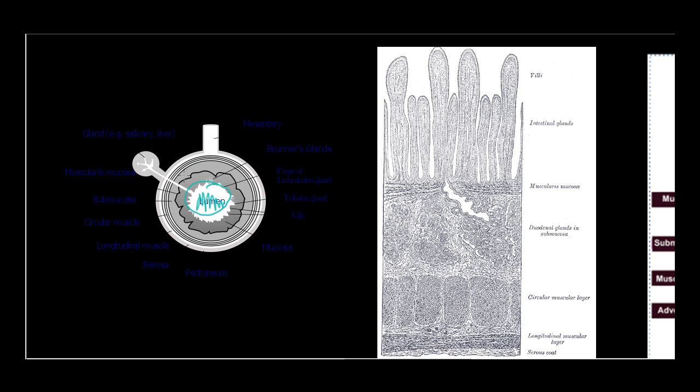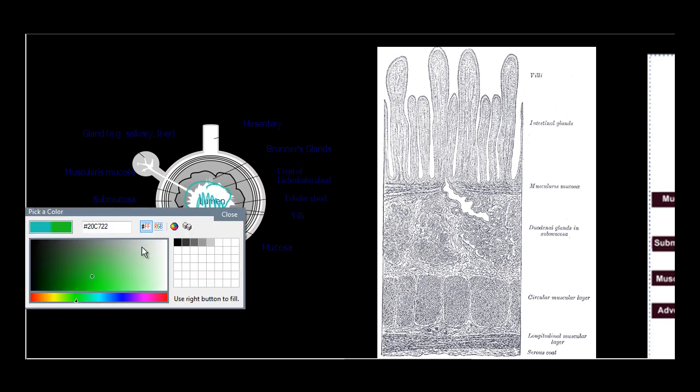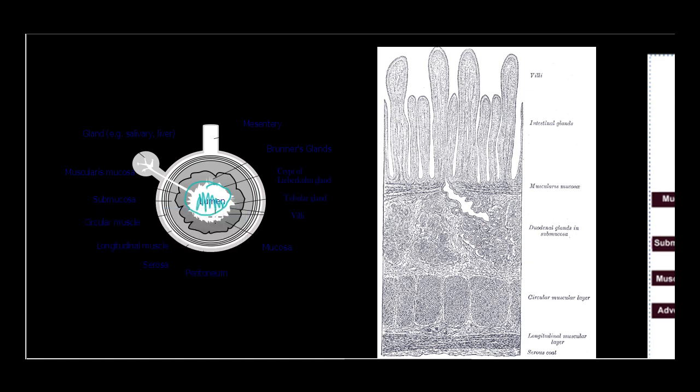So the mucosal layer includes, let's do a different color. Mucosal layer is this area right here, and the mucosal layer is actually three things.